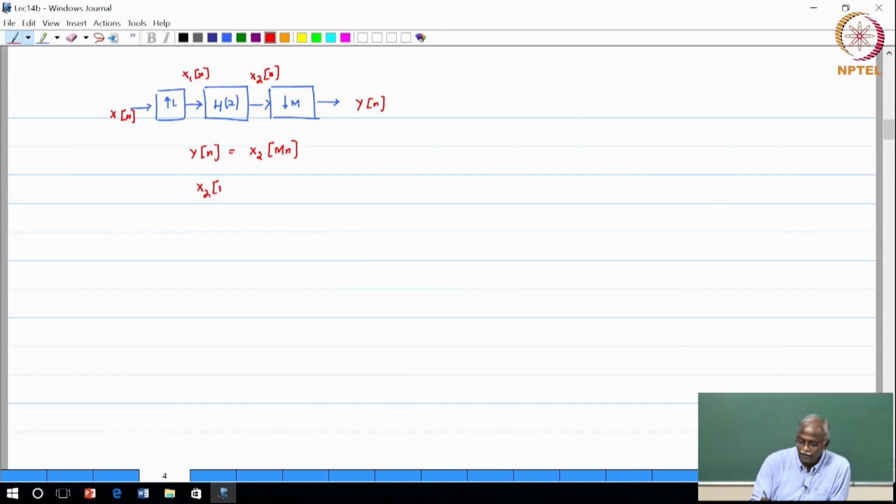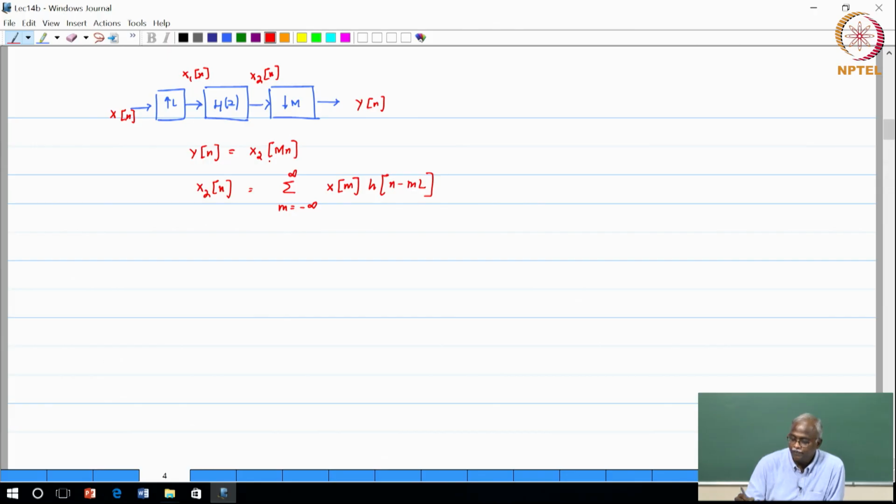For x2 of n, we just now did the explanation for the upsampling, so I will just use the expression from the last derived result. x2 of n can be written as the summation m equal to minus infinity to infinity of x of m h of n minus mL, am I right? That is the last expression that we have just written down for the upsampler.